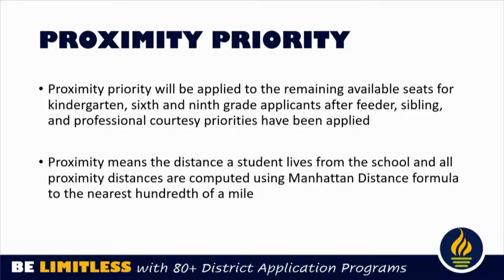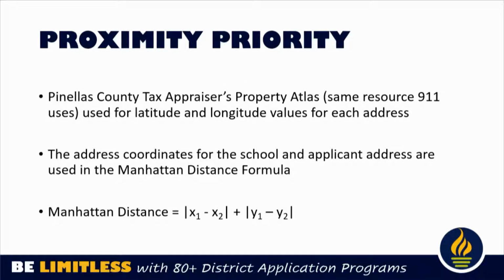So the proximity priority is applied to the remaining seats after the sibling, the professional courtesy, and, if there's a feeder pattern, the feeder pattern priorities are given. Once those are given, then a certain percentage of the remaining seats go to proximity. We use something called the Manhattan distance formula.